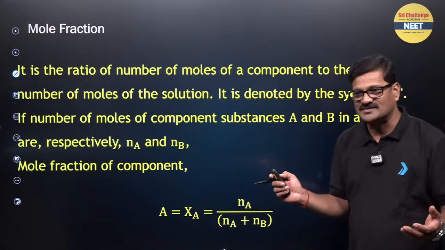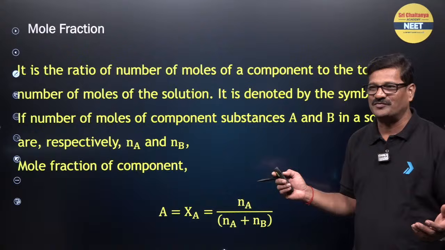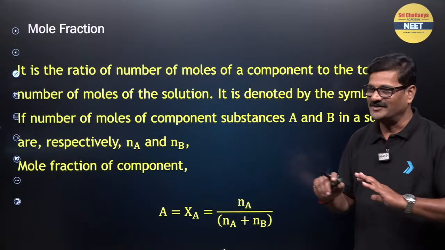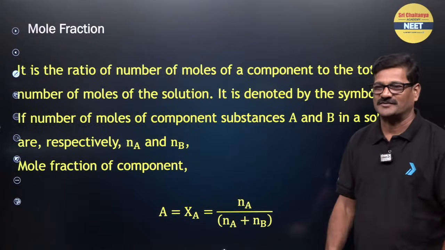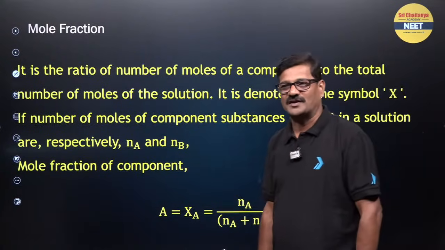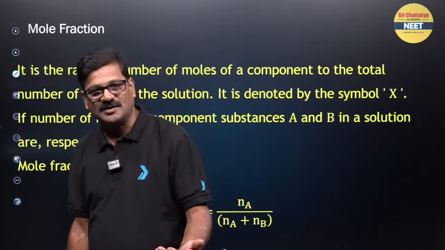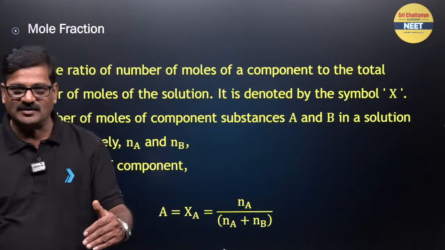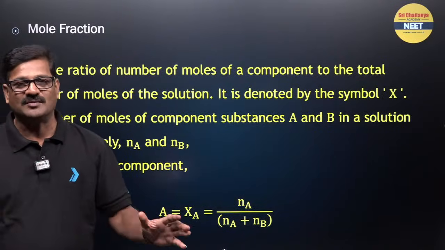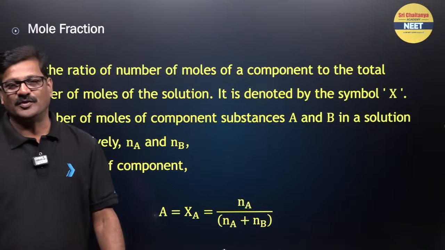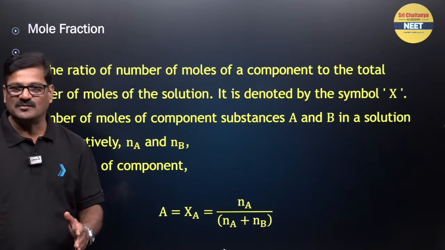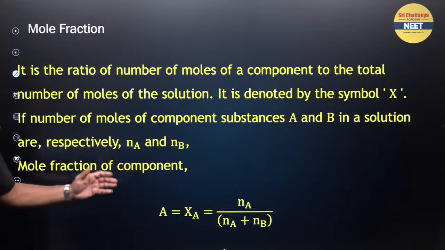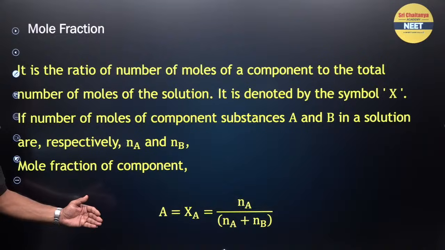Another one is going to be your favorite, mole fraction. Whenever you talk about vapour pressure and Raoult's law, you talk about the mole fraction only. What is a mole fraction? It is the ratio of the number of moles of a component to the total number of moles of the components present in the solution. So the mole fraction of A is going to be Na upon Na plus Nb.